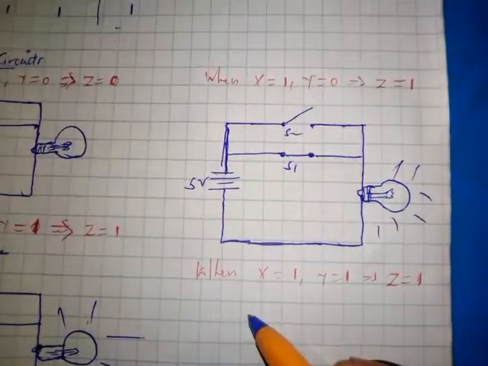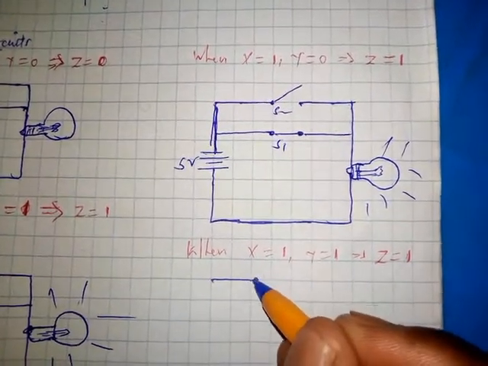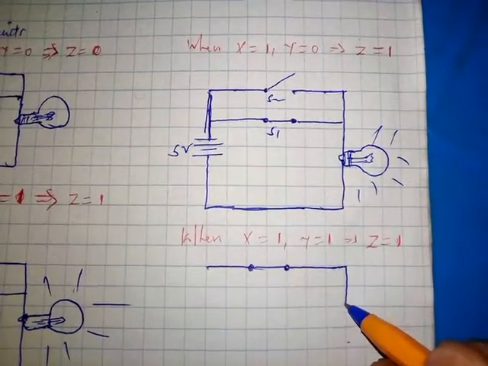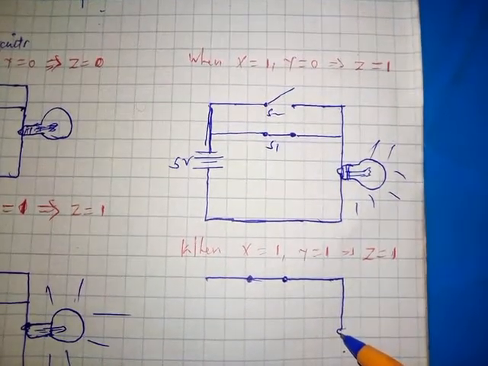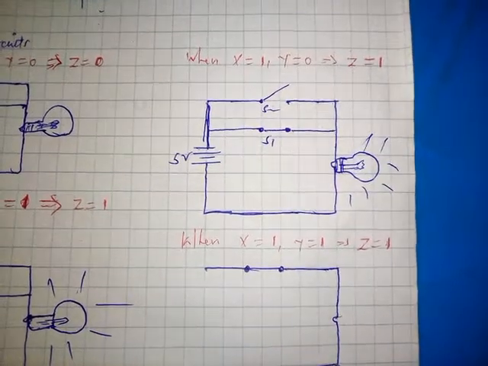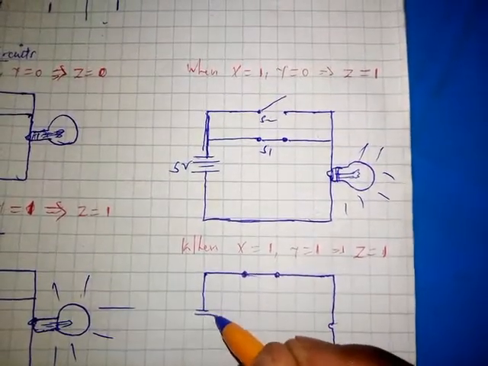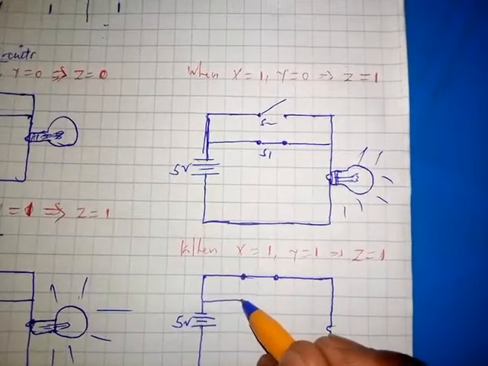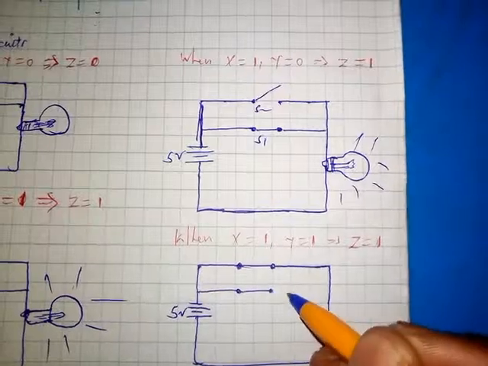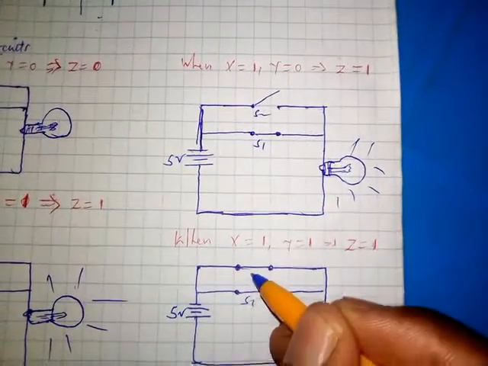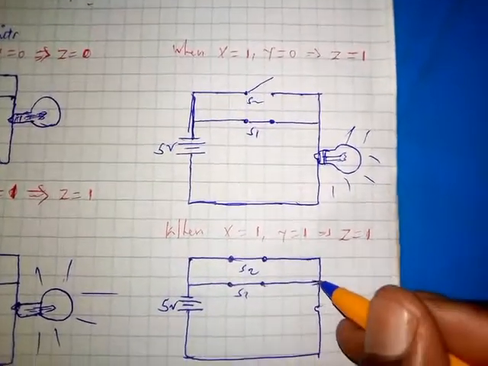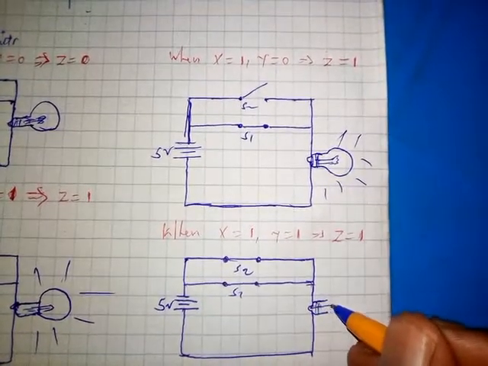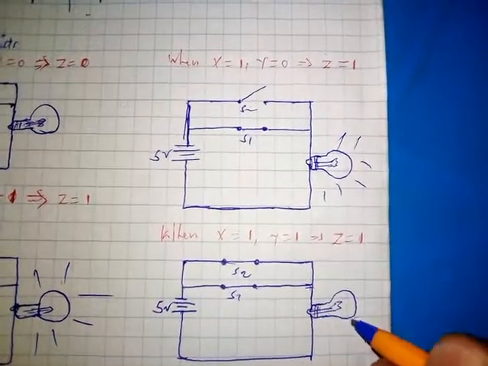So all the switches will be closed. 5 voltage. Switch 1, switch 2. Gives high output.